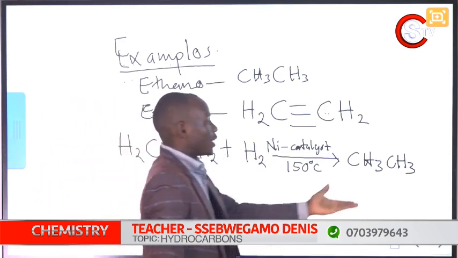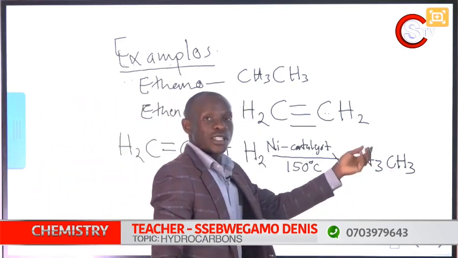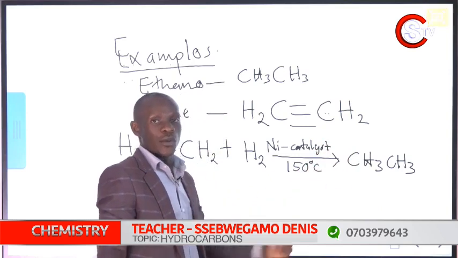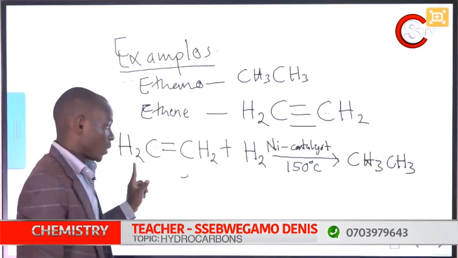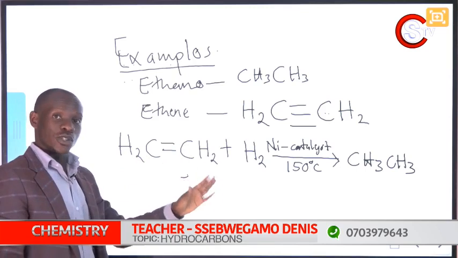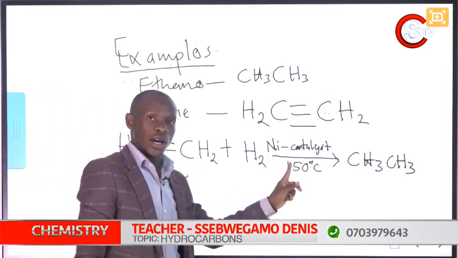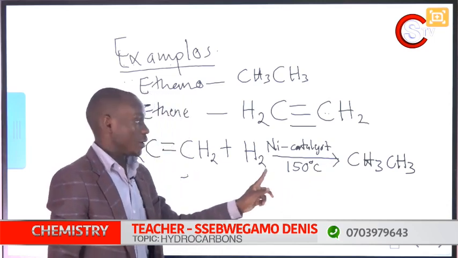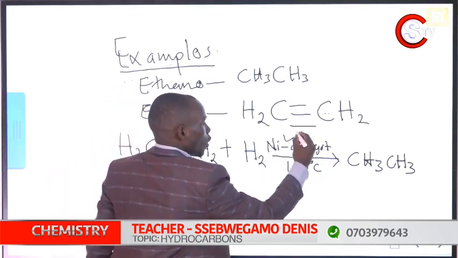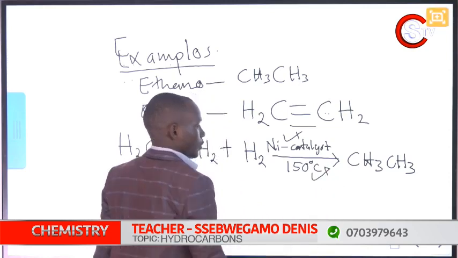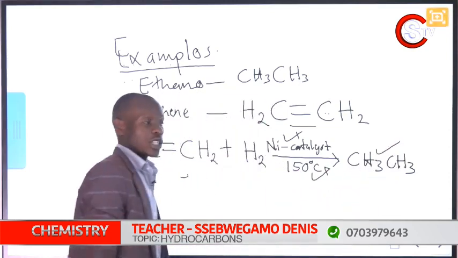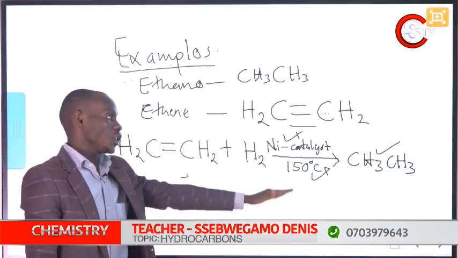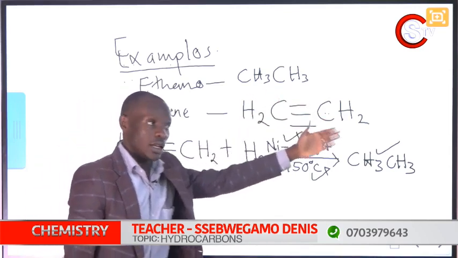Then I'm getting ethane, which is an alkane. The reaction is slow, so don't forget metal catalysts. Nickel catalyst at this temperature, because always the marks will go for that, and proper structure of the product, conditions, and the product.